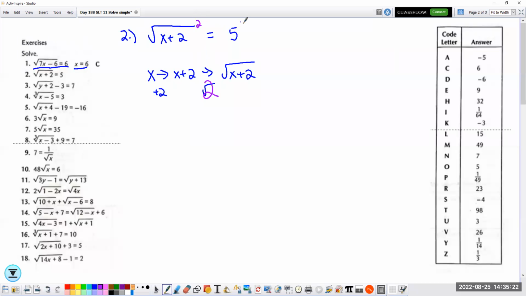So I'm going to square both sides. And now I have x plus 2 equals 25. And then to get rid of the plus 2, I would subtract 2. And we get x equals 23, and that is letter R.